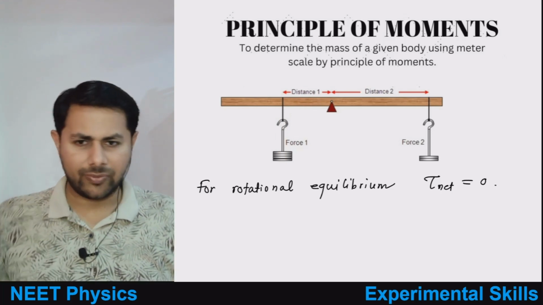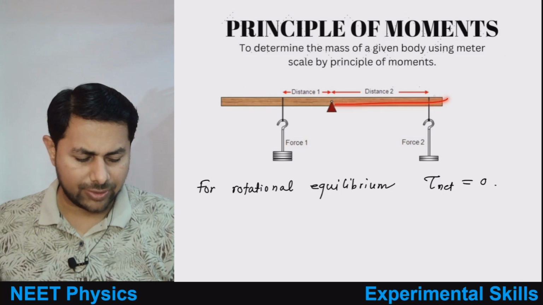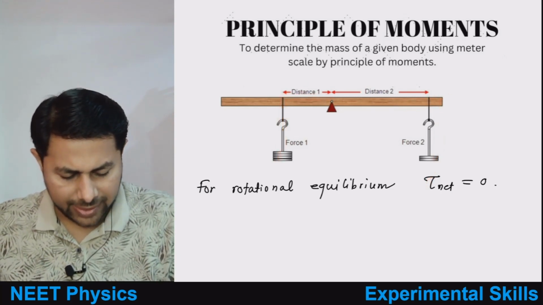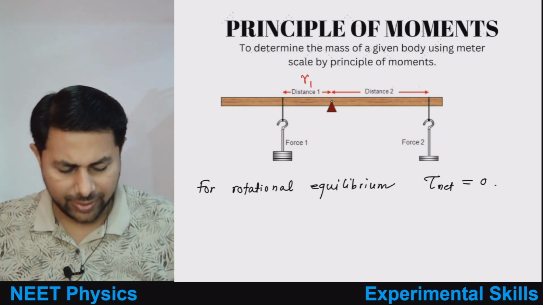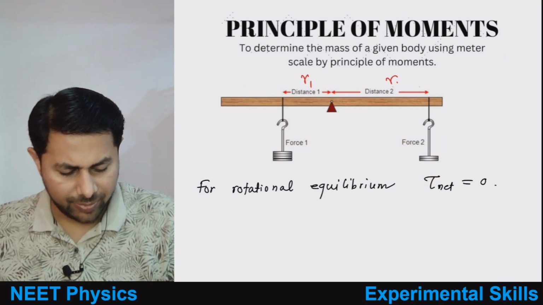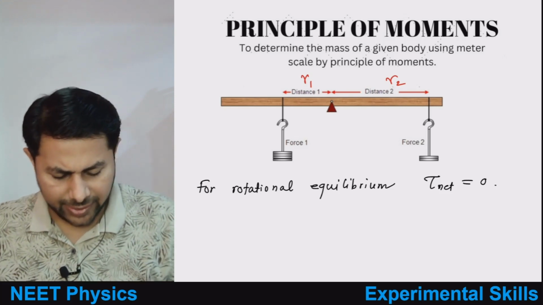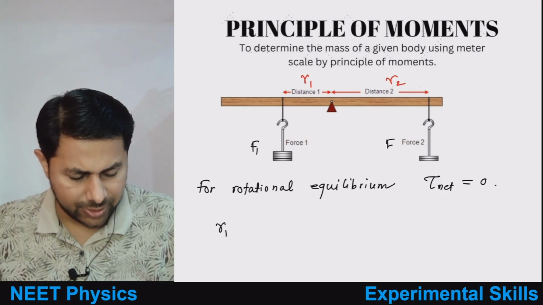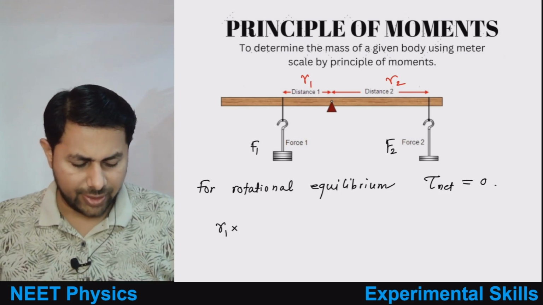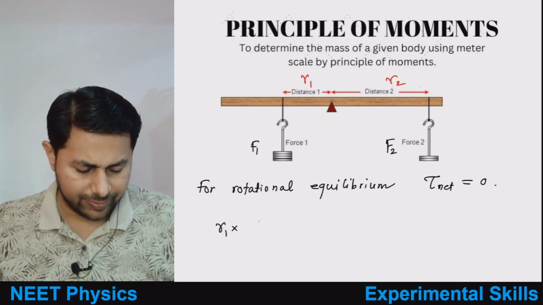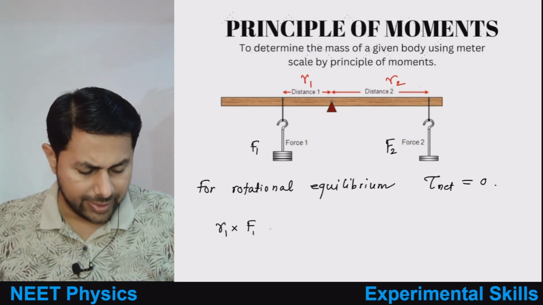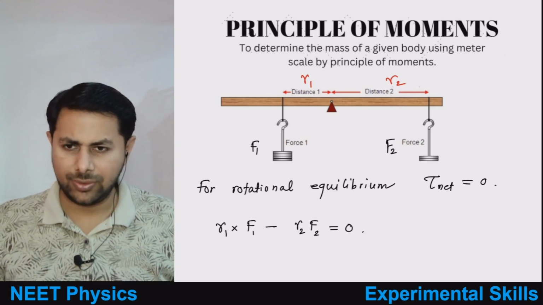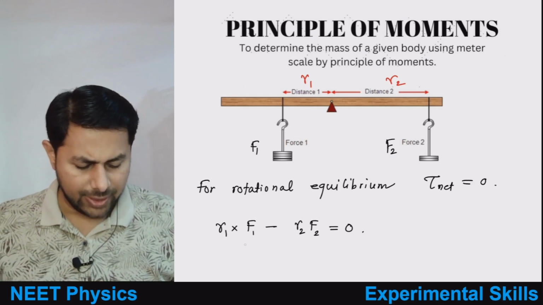Suppose anti-clockwise rotation is positive and clockwise rotation is negative. This force is acting at a perpendicular distance of r1, and this one at a perpendicular distance of r2. The first force is F1, this force is F2. So the torque is r1 times F1 minus r2 times F2 is equal to 0. Then only it will be balanced.